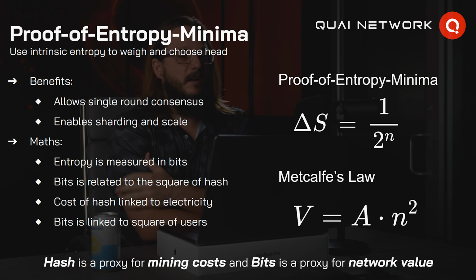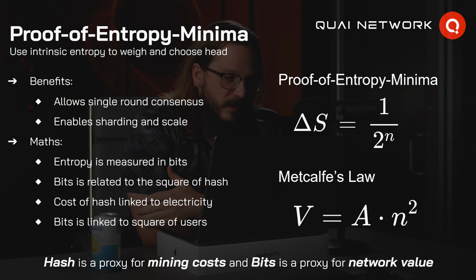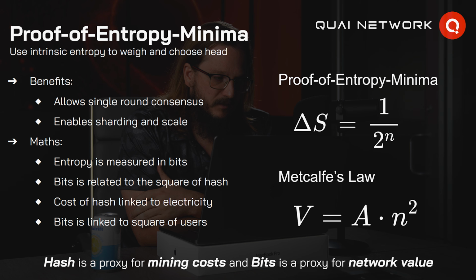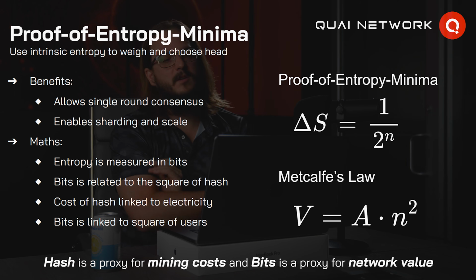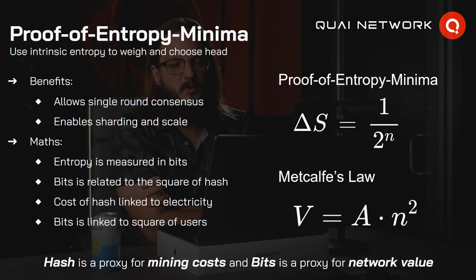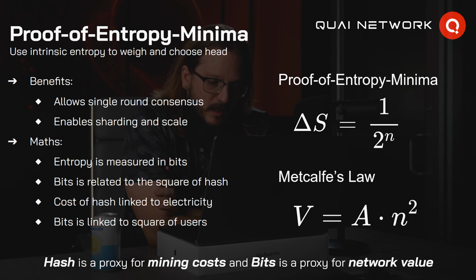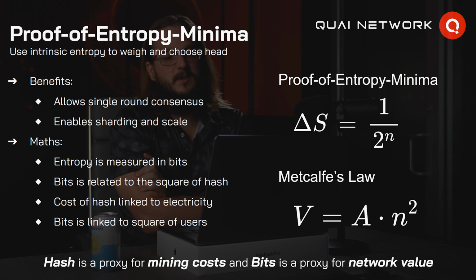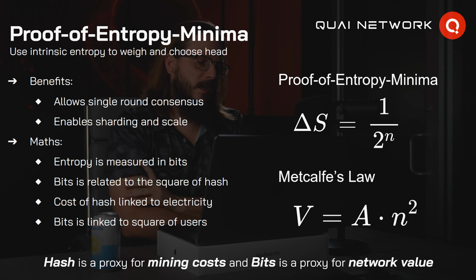To understand how these two things work, I just have to go back and cover POEM, or proof of entropy minima, for a quick second. The inspiration for these tokens stemmed out of POEM. I'd actually been thinking about how to design a sustainable monetary system for quite some time, and have been doing a lot of reading of all economists, trying to understand a model that may work.